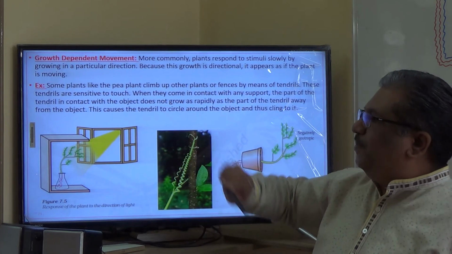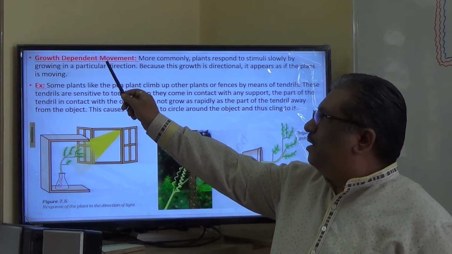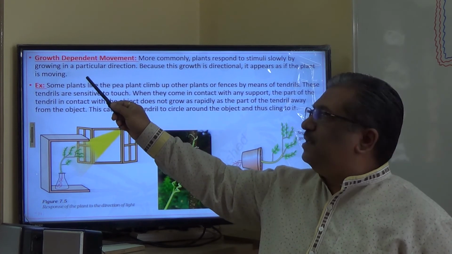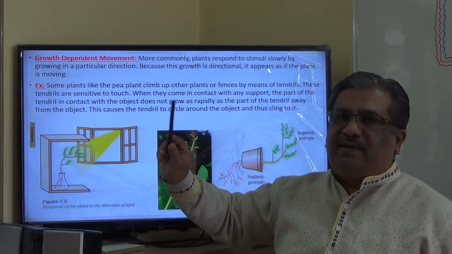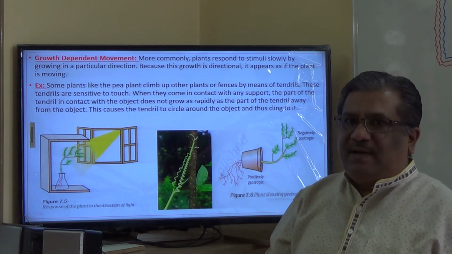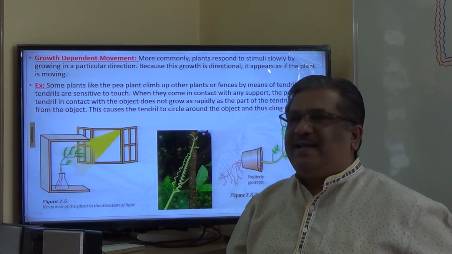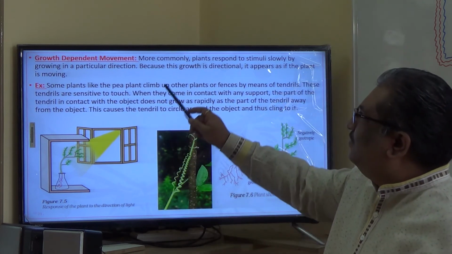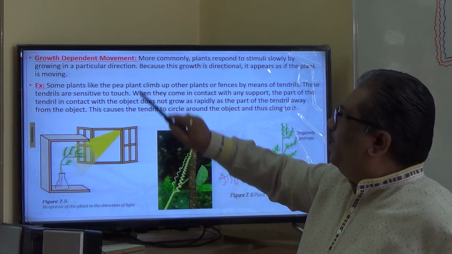One more example we'll take now. Tropic movement. This is growth dependent movement. I'll read here and once again we'll have a look at this. Clear? It will take hardly 2 minutes. Growth dependent movement.